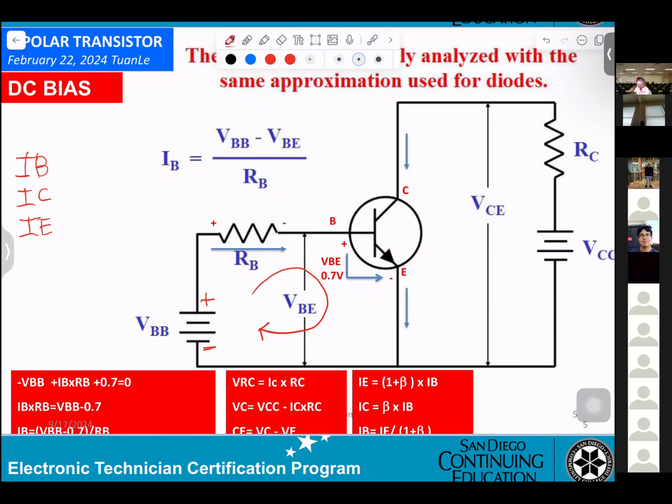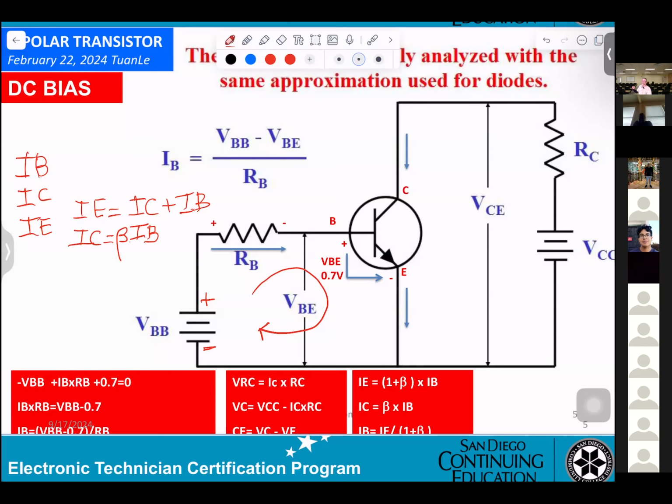Okay. And you know IE equal IC plus IB. And also you know IC equal beta times IB.